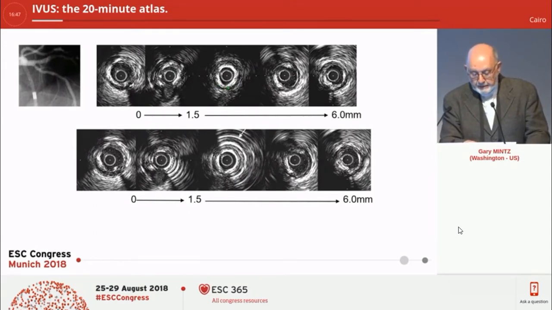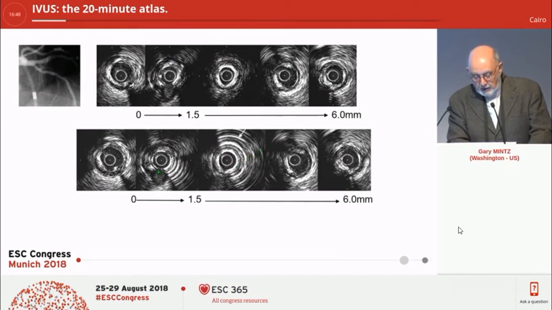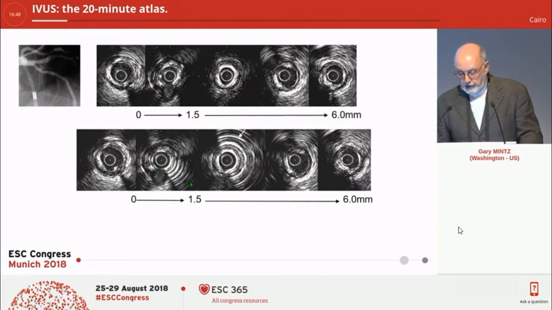So here you see calcium pre-intervention with a subtle reverberation here, and here you see calcium after rotational atherectomy with multiple reverberations, and here where it's closer to the transducer, as many as 7 or 8 reverberations.